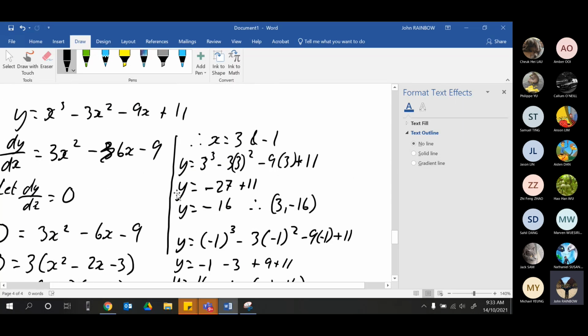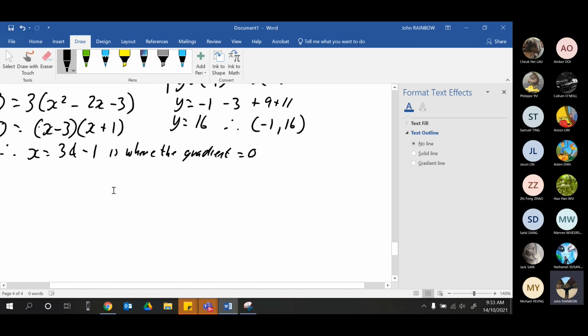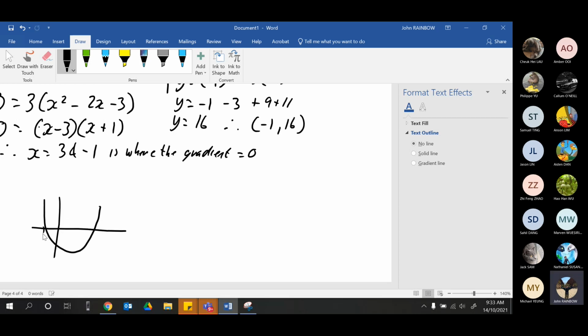Also, another thing I know is this is a positive derivative graph. So I know my derivative graph is going to be something like this, and this is -1 and this is 3. What I know about my graph is it has a positive gradient, a turning point here, negative gradient, a turning point here, positive gradient.